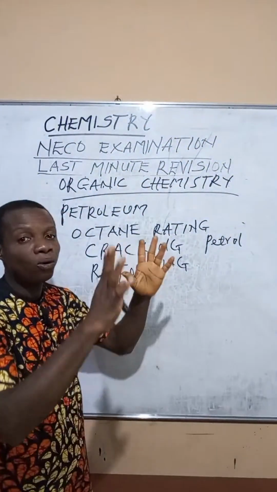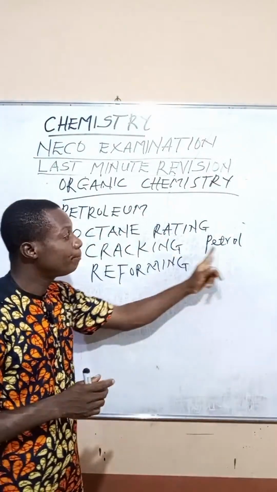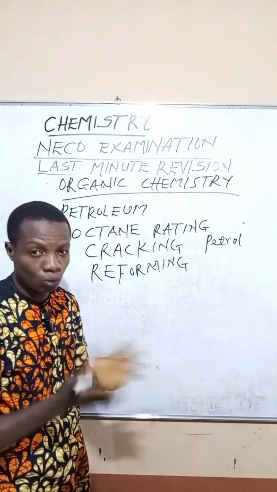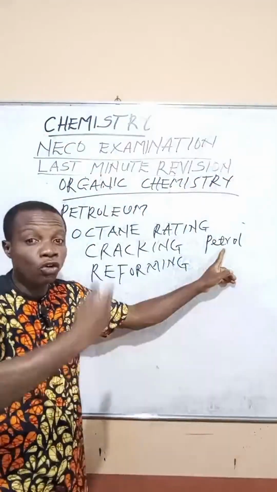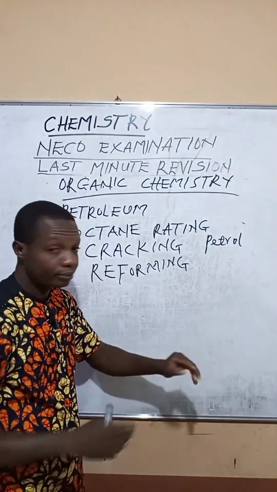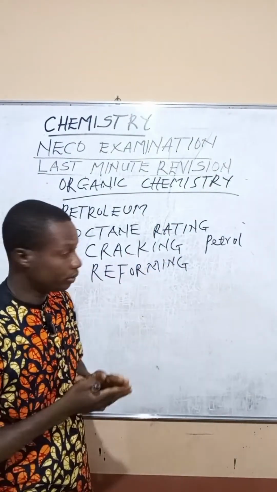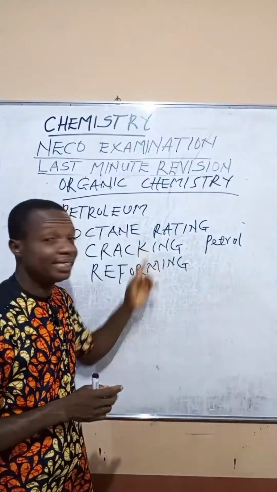Among all these fractions, petrol is the most demanded in the entire globe. So we need to increase the quantity of petrol such that it will be enough for the populace, for the entire world. The only way to do that are these two methods. This is the easiest way to do it.